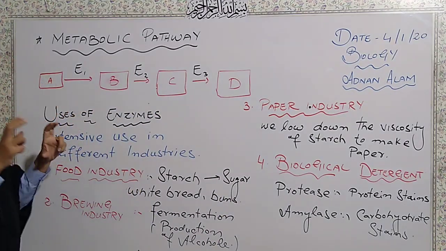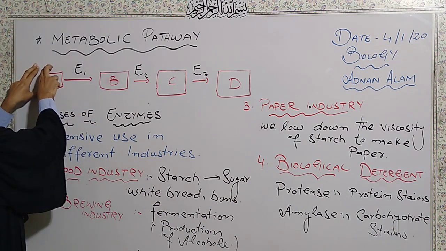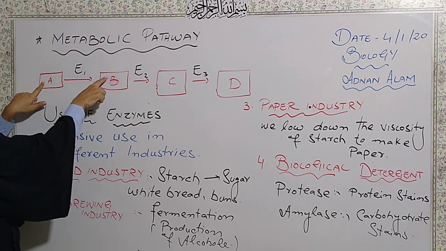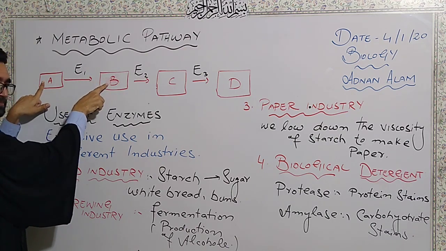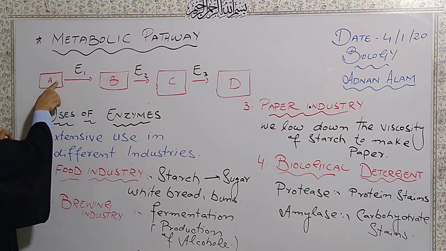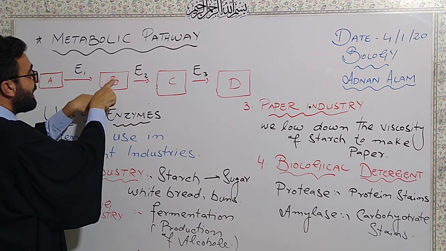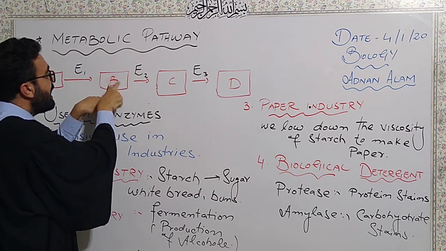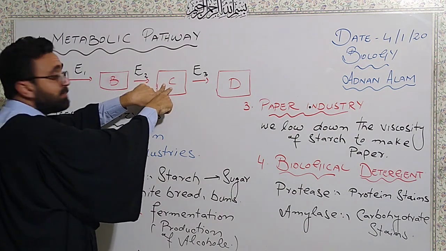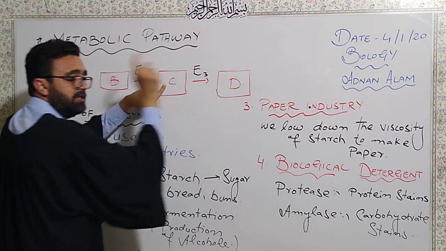One concept you have to keep in your mind is, if I have a substrate A and substrate A is converted into product B, E1 is the enzyme which catalyzes the conversion of substrate A into B. In the next step, for the E2 enzyme, this product is a substrate. It will convert it into a product called C, but C is the substrate for E3 and it will convert it into product D.